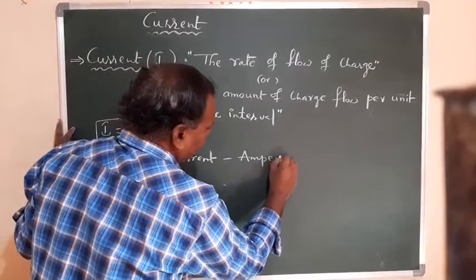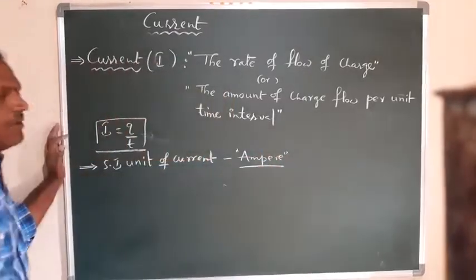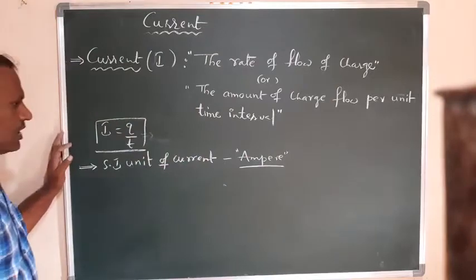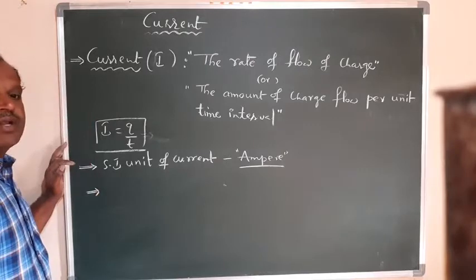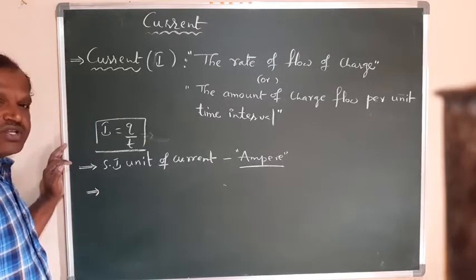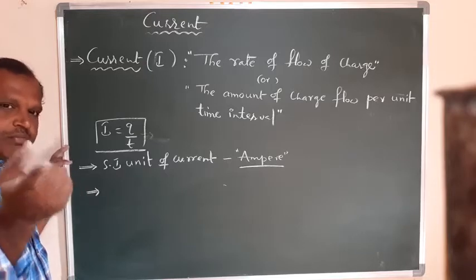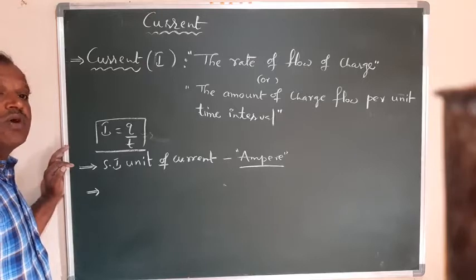It is named after a scientist. When 1 ampere of current flows through a given conductor, the amount of charge flowing is 1 coulomb per second. So 1 coulomb per 1 second is called 1 ampere.